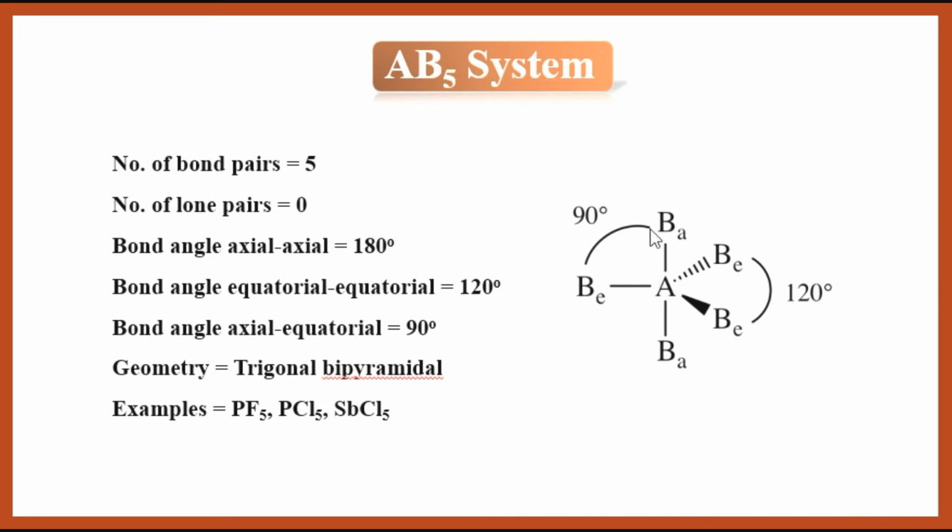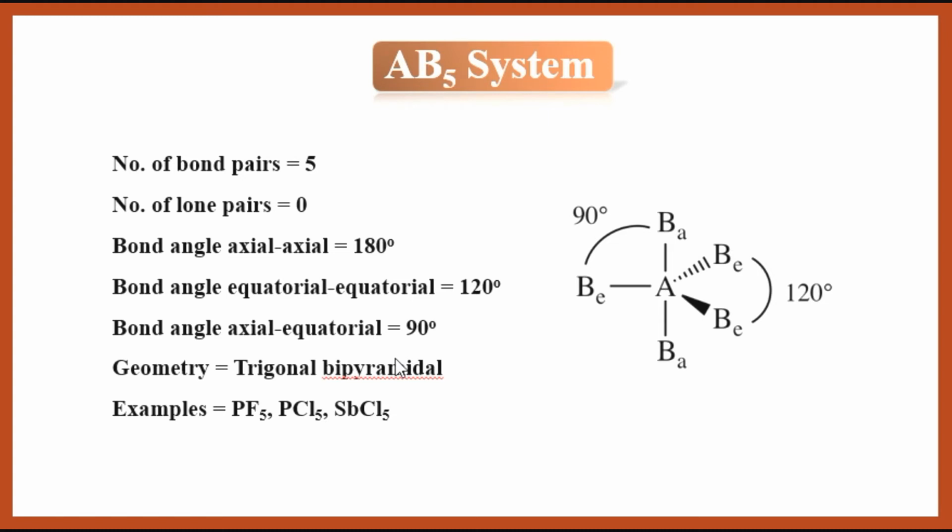So we may write down that B at axial position, then A, and the B atom at equatorial position. The bond angle between B-A-B is 90 degrees, or the bond angle of axial-equatorial position is 90 degrees.